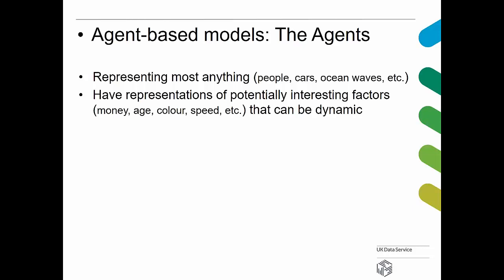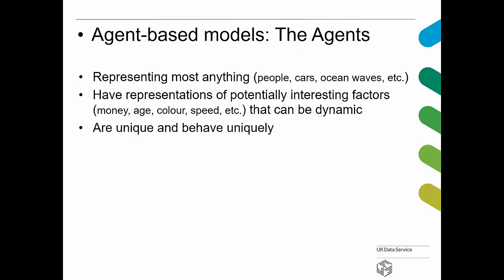So, for people in a stock market, that might be how much money they're earning. For people in a school, if you were trying to represent behavior in school, age might matter. Color, speed, height, location, any of these things. Typically with agents, these are often quite dynamic. So, how much money a person has changes all the time based on their income, their expenses, and their behaviors.